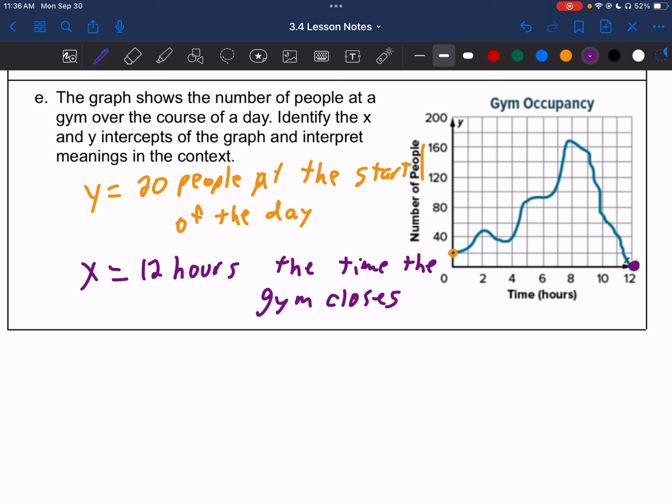Now, as we've worked through these questions, we have come up with a lot of the same word that's coming up in all of our y-intercepts, and it is the word starting. So a y-intercept, and especially as we start to think of writing equations in slope-intercept form in the next couple weeks, your starting point, your y-intercept is your starting point.